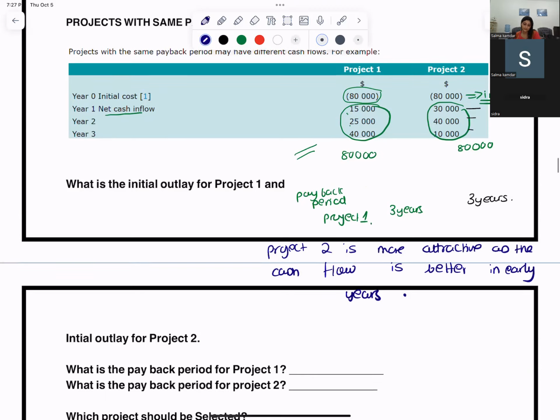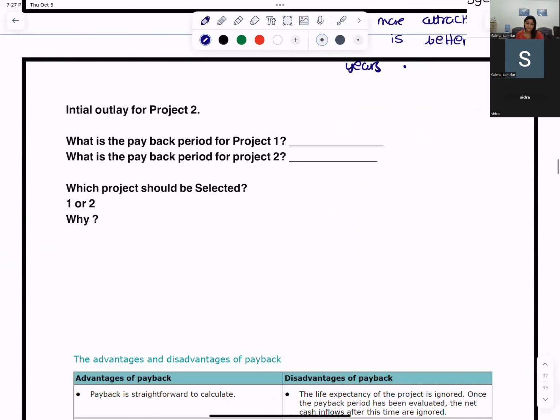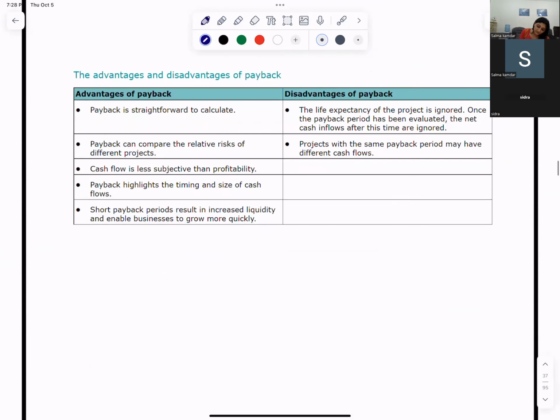Now, can you give me the advantages of ARR? Easy to calculate and understand. It takes into account depreciation.